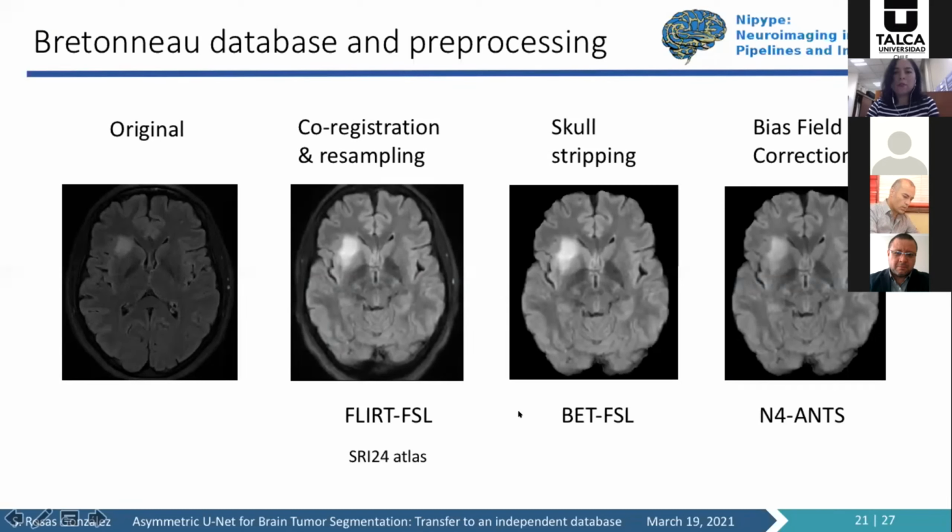Then we remove the skull by using the brain extraction tool from FSL, and later we corrected the bias field inhomogeneity by using the N4 method. And finally, we normalize our images using the Z-score method.